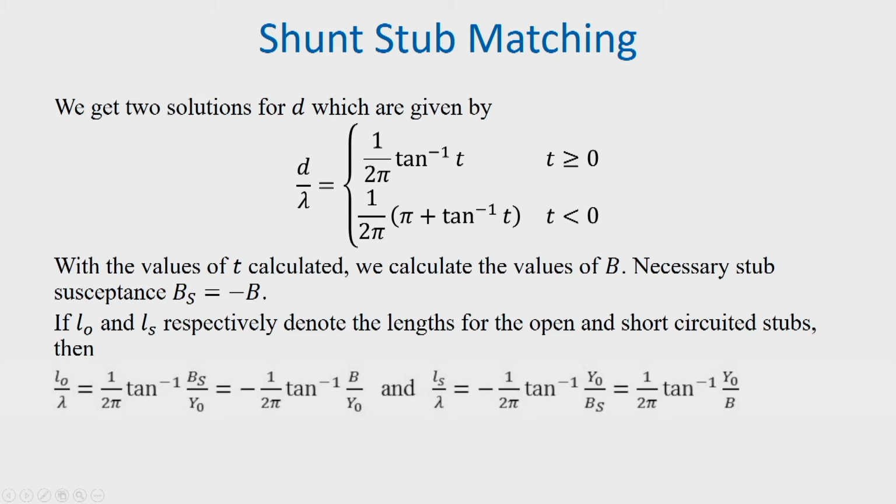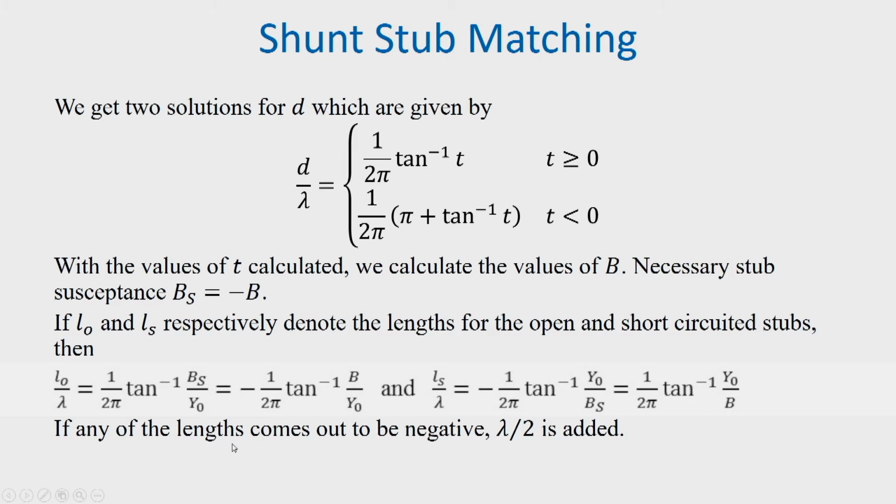Similarly, for the short circuited stub, Ls by lambda is equal to minus 1 by 2 pi tan inverse Y naught by Bs, which can be written as 1 by 2 pi tan inverse Y naught by B. So, we have found the solution for D, the location of the stub from the load impedance, and also the expression for the length of the stub, and depending upon whether an open circuited stub or a short circuited stub is being used, we can calculate their lengths.